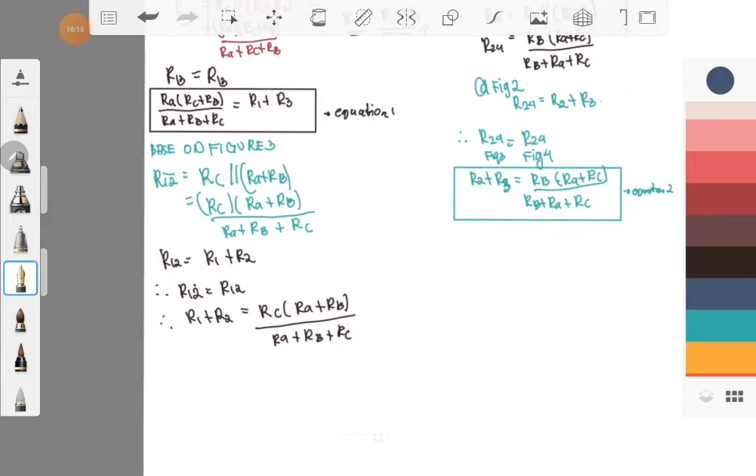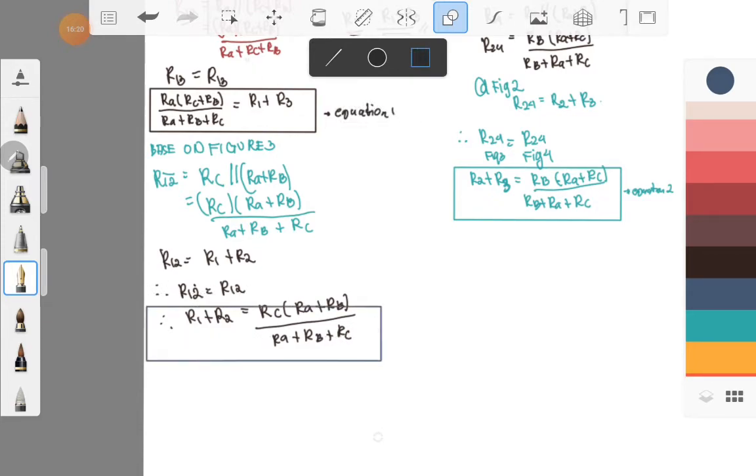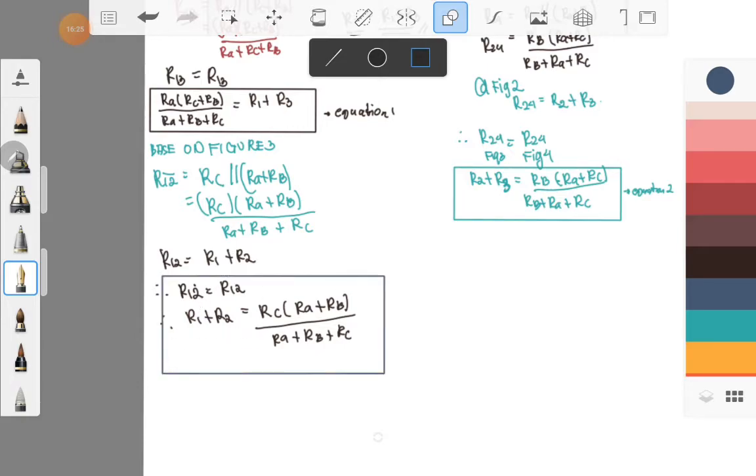So, what is our next step? Ano sa tingin nyo? Ano yung naisip nyong step natin? Okay. Next step is that this will be my equation 3, okay? Equation 3.